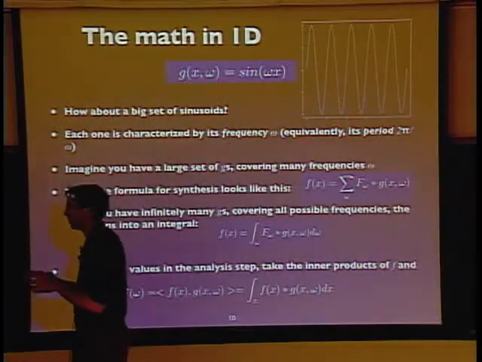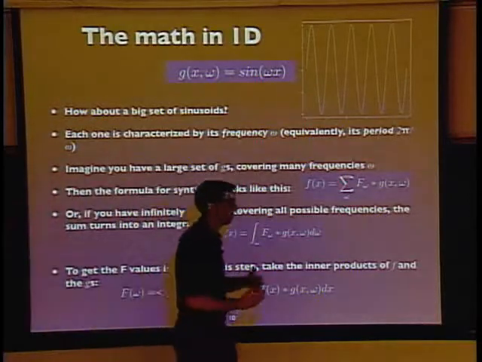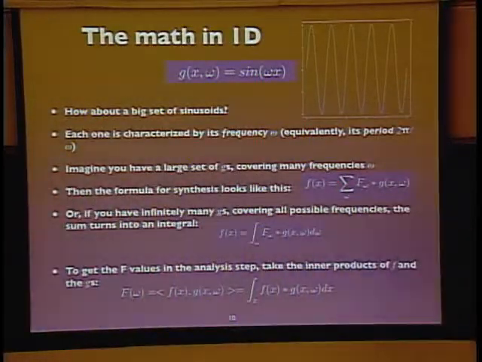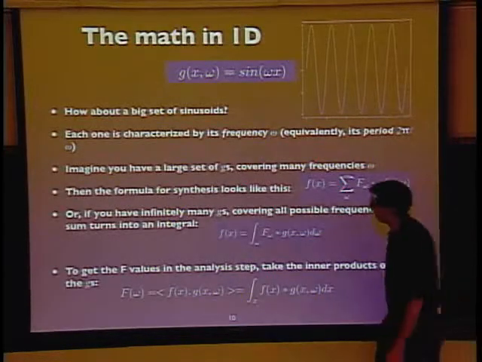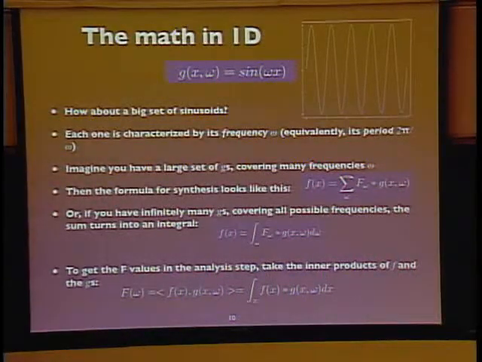And if you want to be very mathematically rigorous about it, you can consider the abstract case of having infinitely many of these sinusoidal functions. So not just where you have a stack of 20 of them, but you have infinitely many covering all possible frequencies. If you have that, then this sum turns into an integral. And you simply integrate over all possible sinusoidal frequencies and add them all together, infinitely many of them, to get back the imaging data.